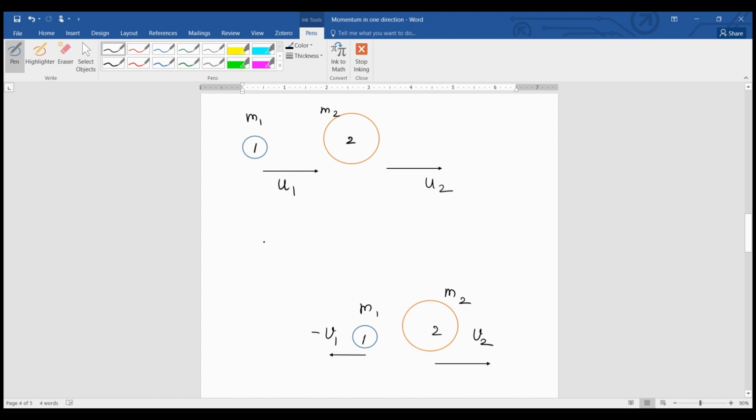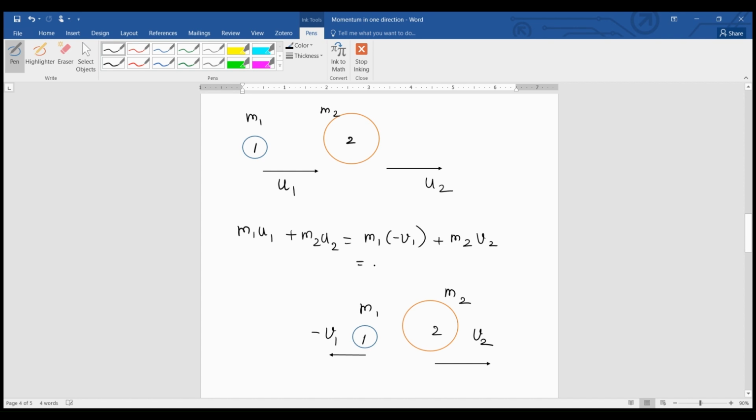Now let us apply the law of conservation of momentum to this scenario. So total momentum before collision, m1u1 plus m2u2, should be equal to total momentum after collision. So m1 multiplied by minus v1 plus m2v2.